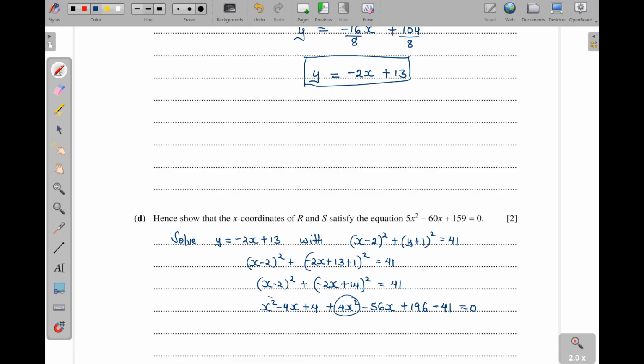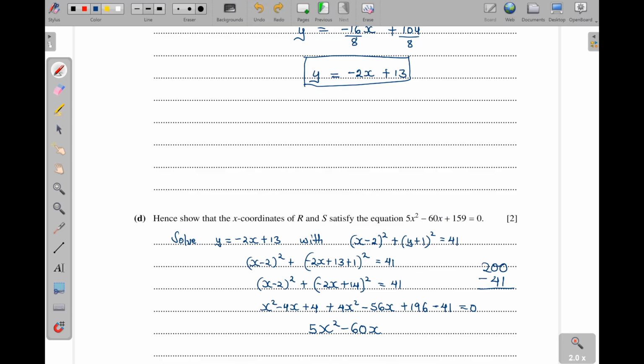Adding, we get 5x², then −4x − 56x gives −60x, and 4 + 196 is 200. When you take away 41, you get 159.